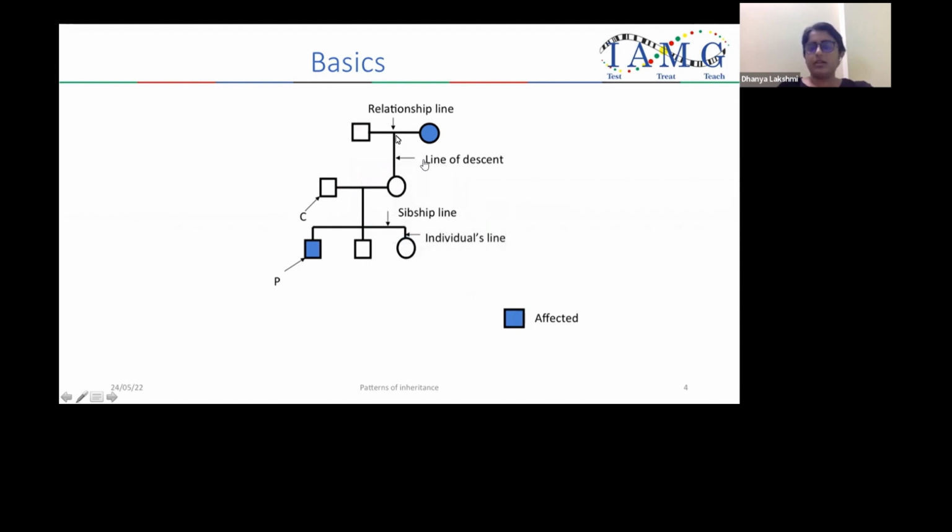There is another line known as the line of descent, which will connect one generation to the other. And there is a line known as the sibship line, which will connect different siblings.